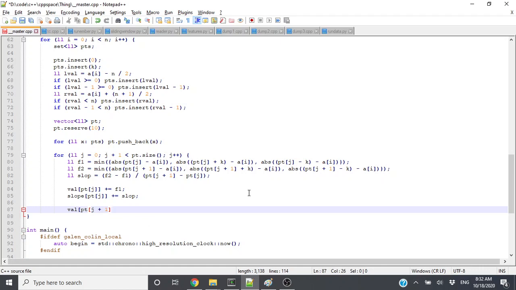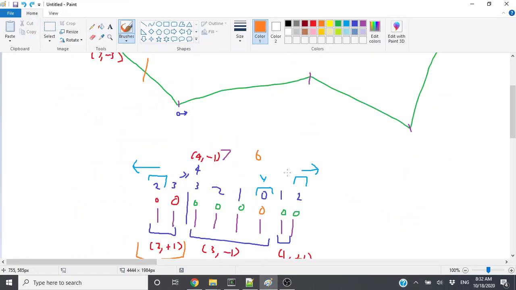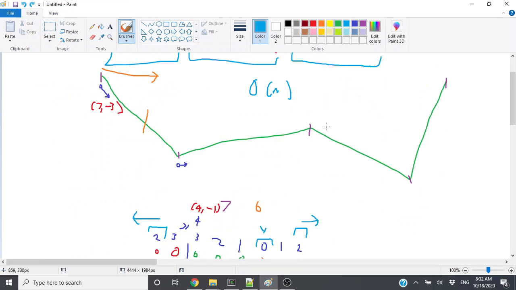How's this gonna work? I guess it should be point j plus 1 is equal to, we subtract F2 plus slope because we're going slightly beyond, so we need to extend the line a little bit, and therefore we need to add one more unit of slope.